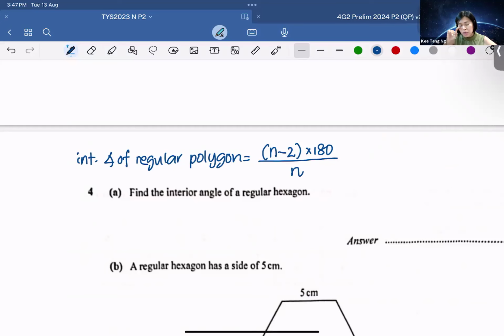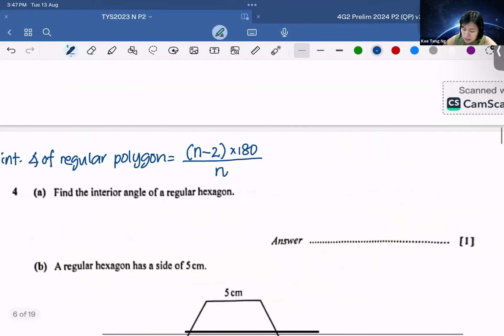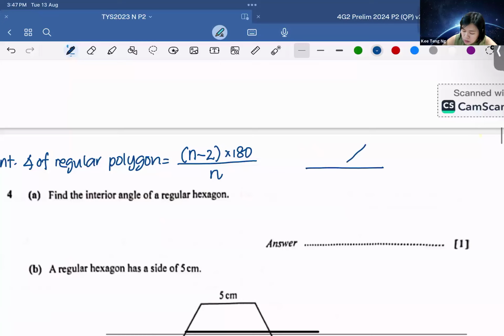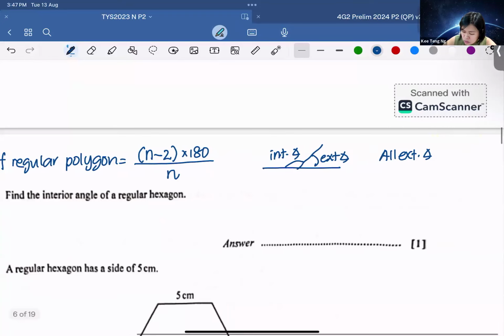Okay, so this is the interior angle of a regular polygon. Second property, the interior angle and the exterior angle must add up to 180 degrees. Thirdly, all the exterior angles add up to 360 degrees.